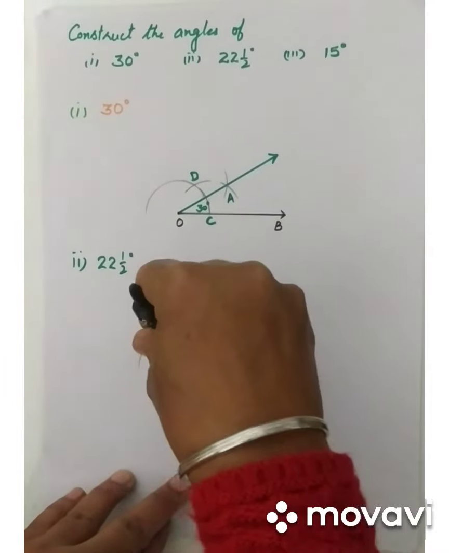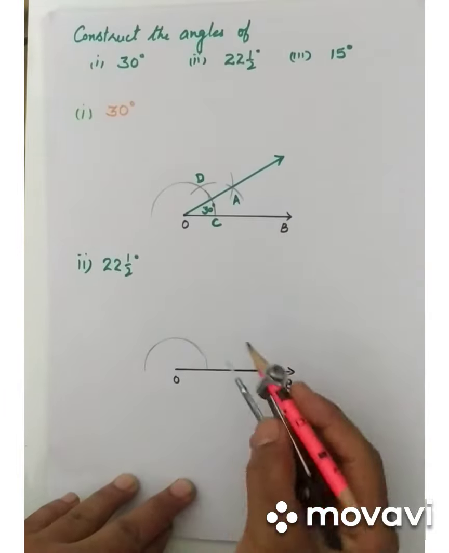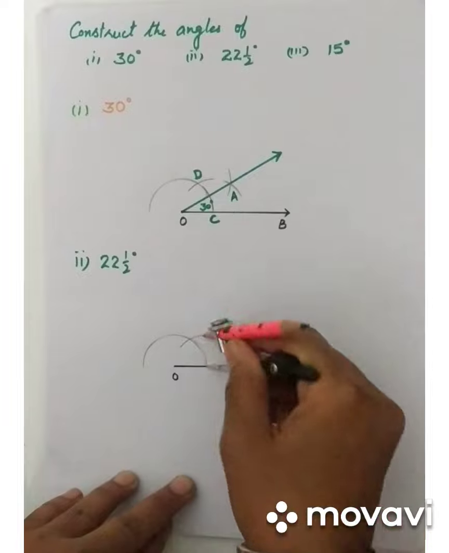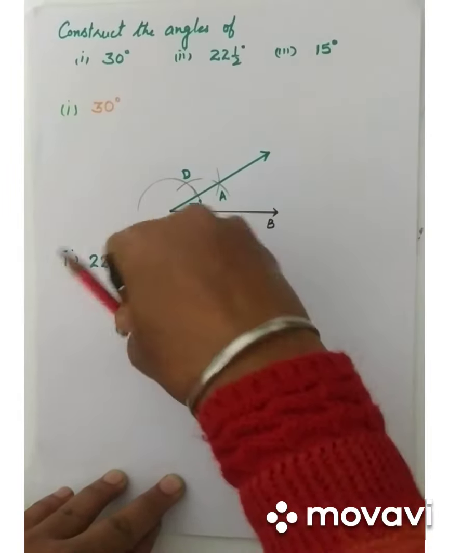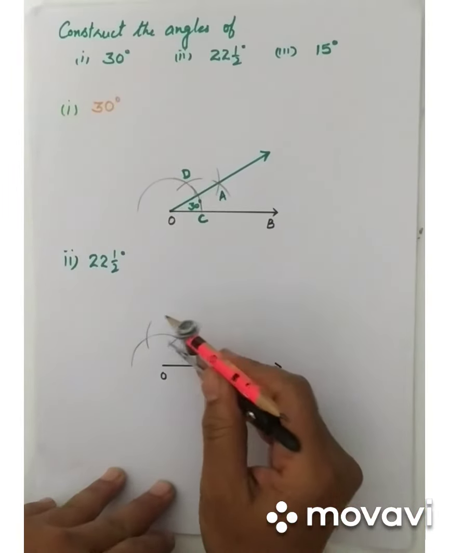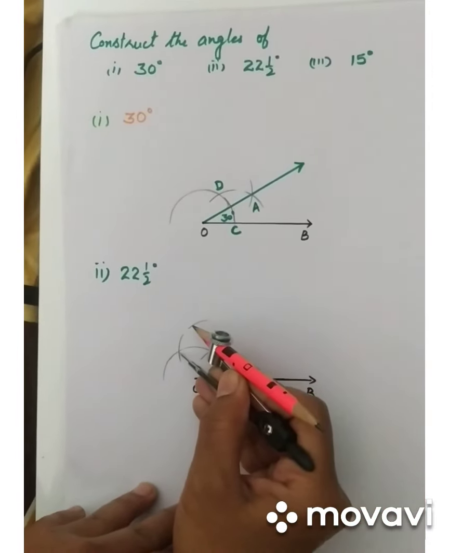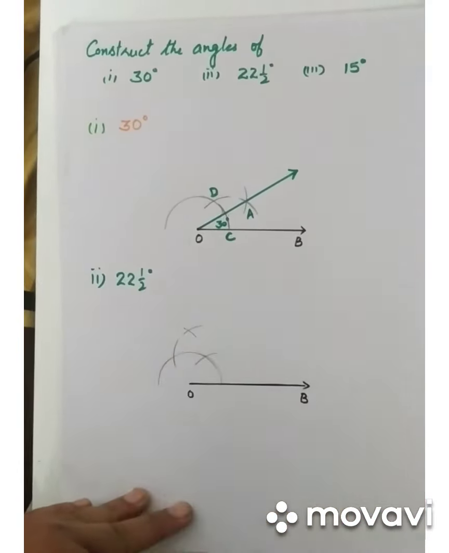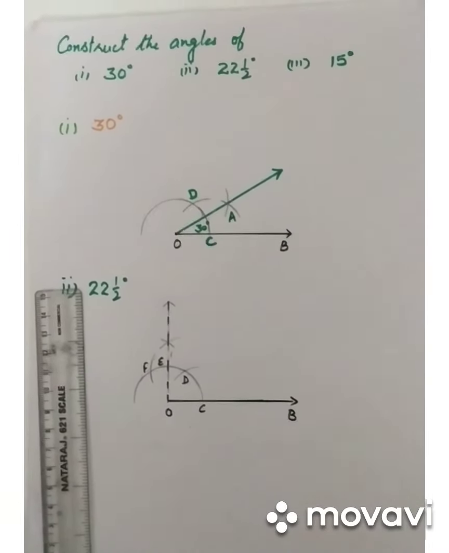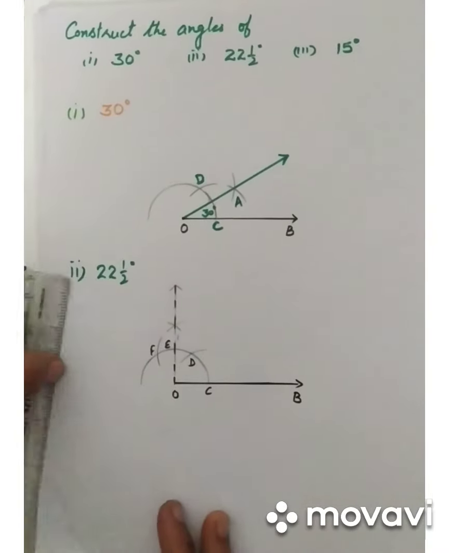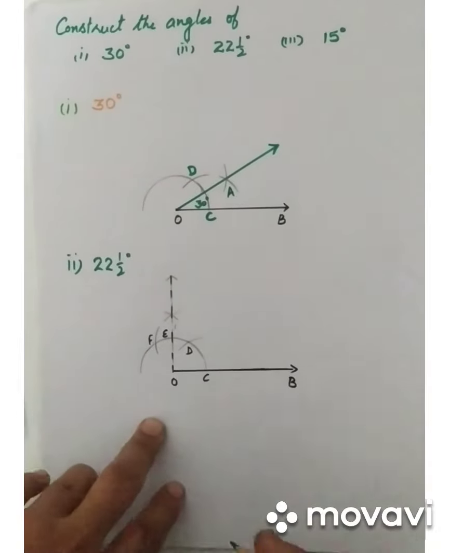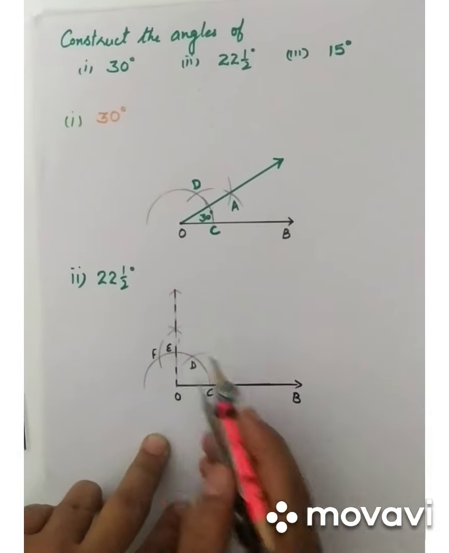First of all, we have to construct. With O as a center, we have to draw a semicircular arc, then an arc of 60, then 120. Now here we have the angle of 90 degree. Now we have to construct 45 degree, that means half of 90.